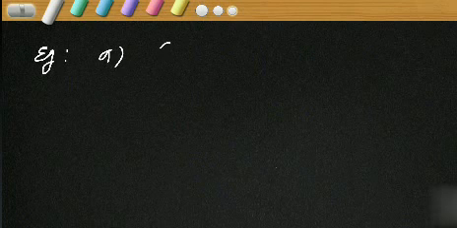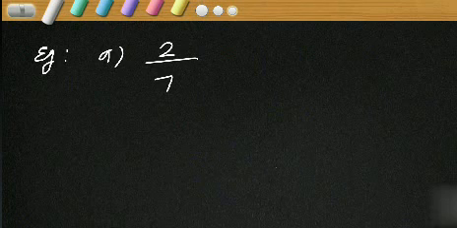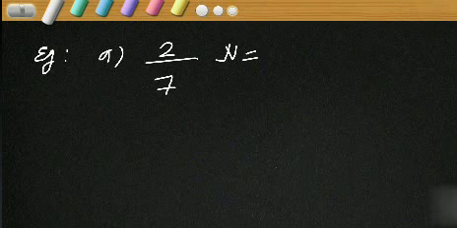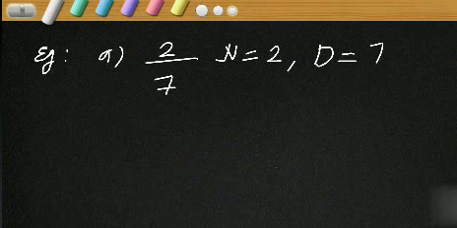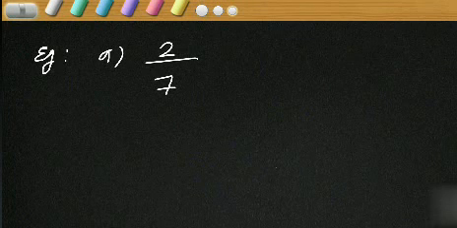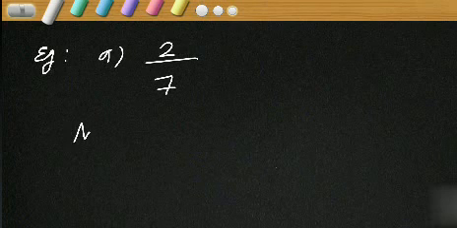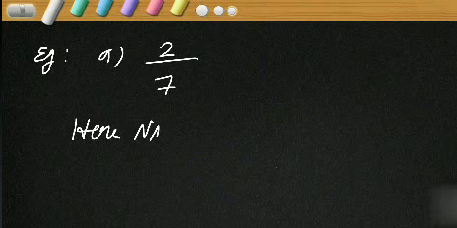Example A: 2 by 7. In 2 by 7, numerator is equal to 2 and denominator is equal to 7.